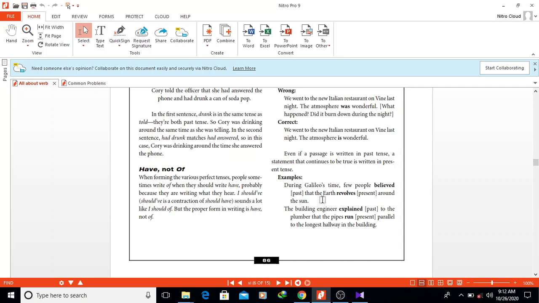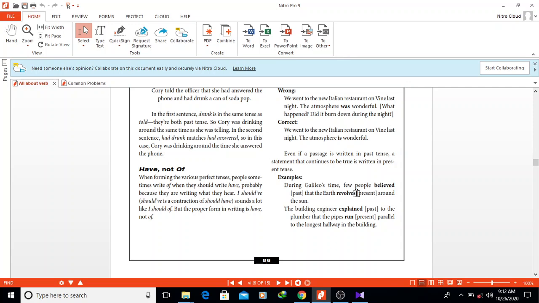Another example is "During Galileo's time, few people believed that the earth revolves around the sun." Galileo's time was in the past, so people believed, because the people at that time believed something about the earth. But they do not use simple past for "revolves around the sun," because the earth revolving around the sun is a fact.